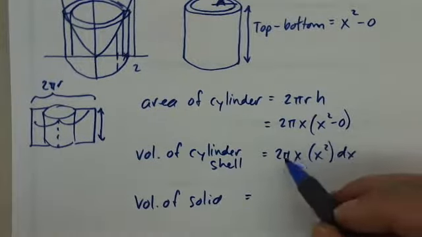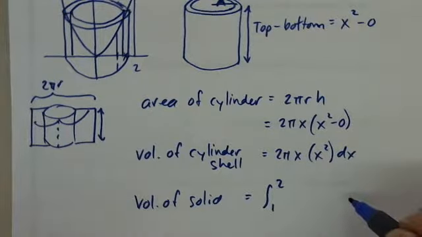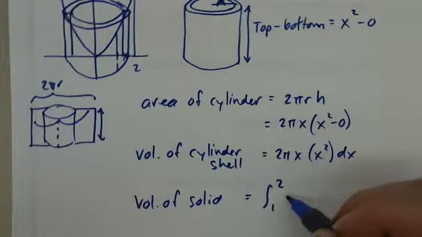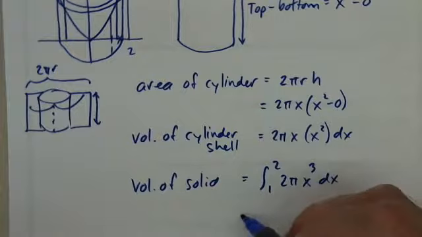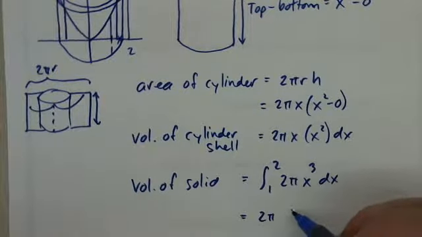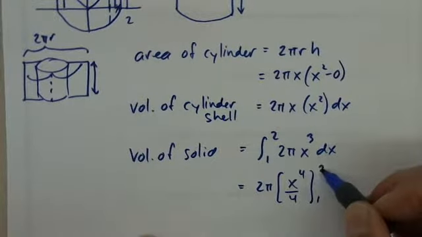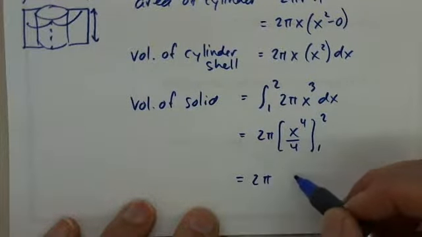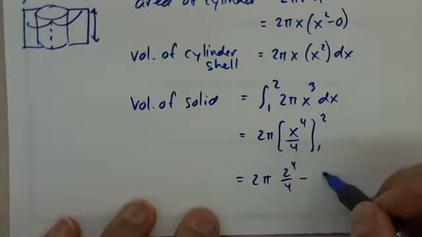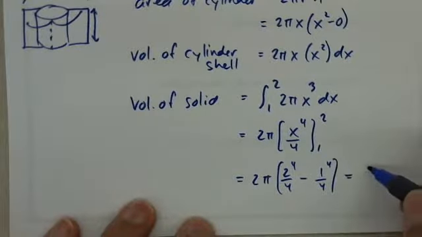And that just means add up all of these shells, for x from 1 to 2. Then we have this. And if we simplify that, we get 15 pi over 2.